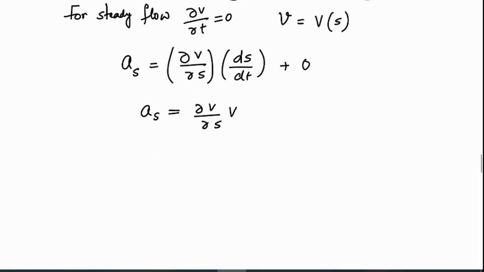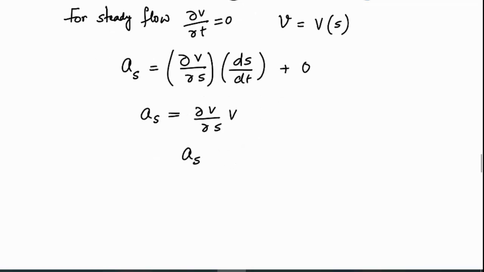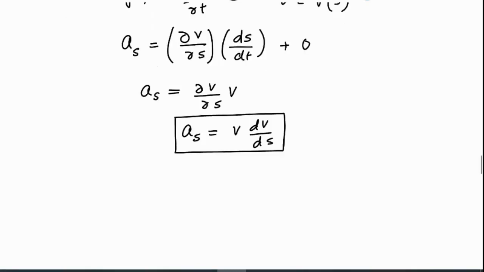So acceleration in the s direction equals v times del v over del s, or since velocity is only a function of s, because we have assumed this is a steady flow, we can simply write this as dv by ds also. So we can write acceleration in this case as v dv by ds.